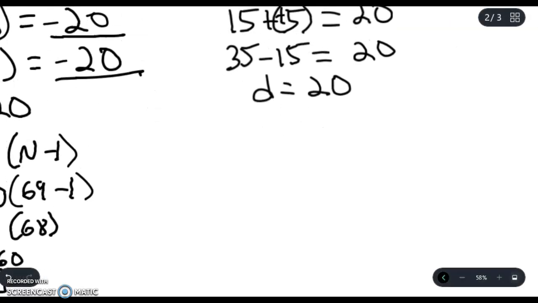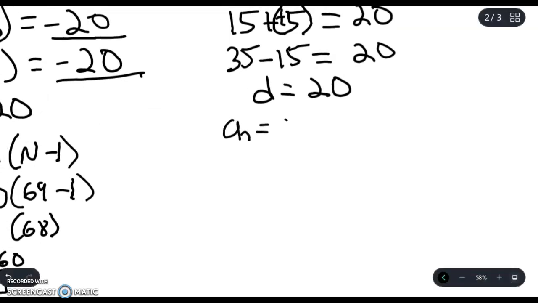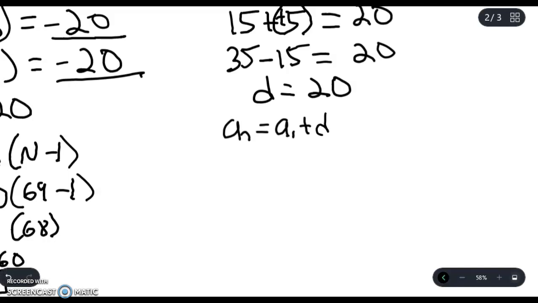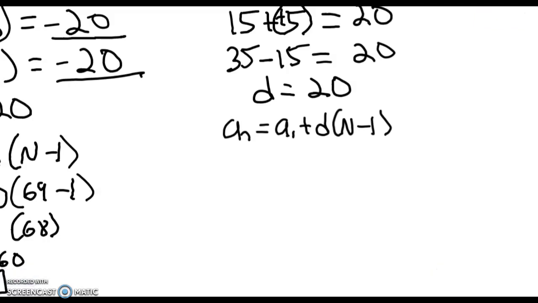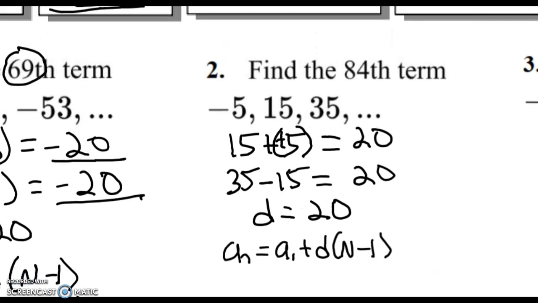Now we're going to plug in the formula. And that formula is a sub n is equal to a sub 1 plus D times n minus 1. All right, so now we're going to plug in everything we need. Now we need the 84th term.